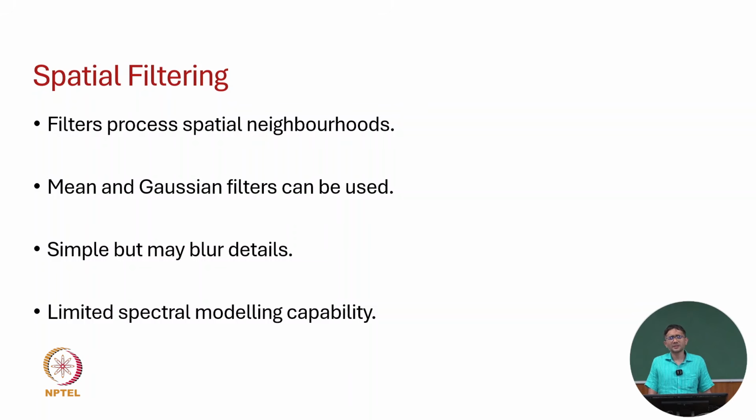So such a spatial approach may at the same time blur spatial details, and it also has limited spectral modeling capability, which we would argue is important in the context of hyperspectral images. So maybe we want to somehow also incorporate some spectral context in the filtering process, or use the deep learning based methods that we would be talking about.